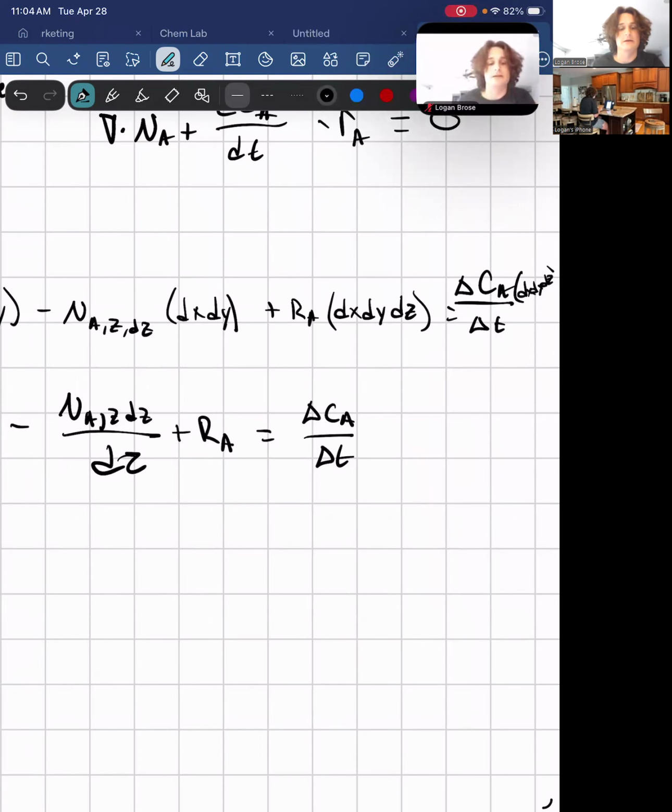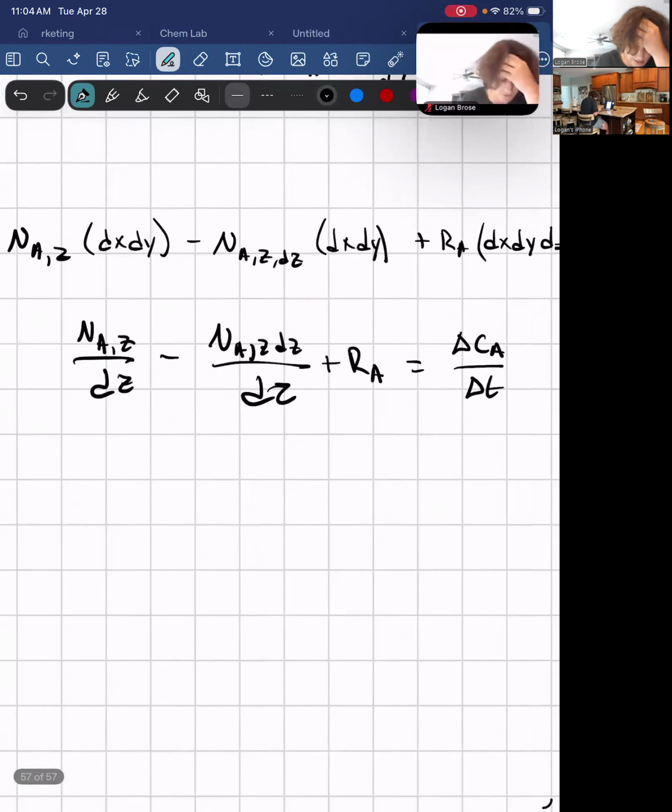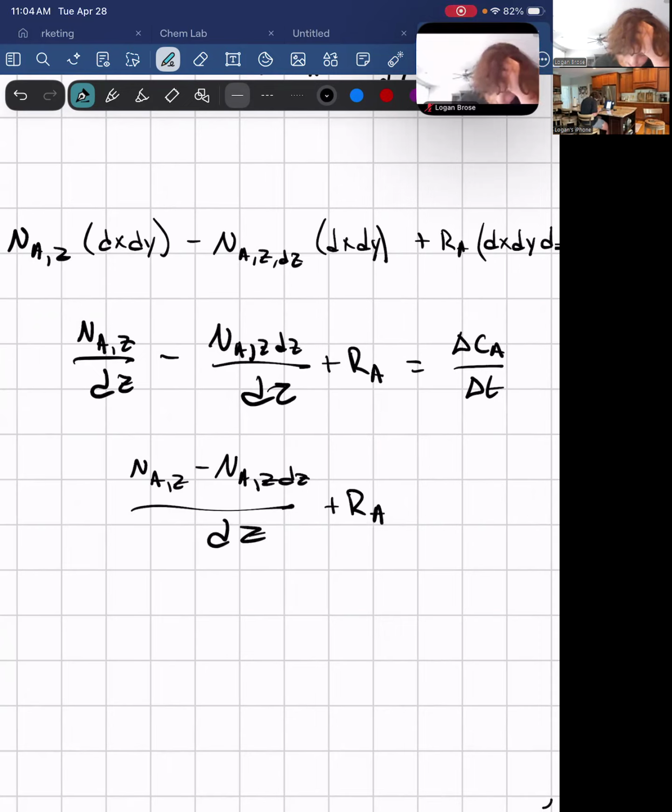And so this can be simplified further by combining these two terms, we have NA z minus NA z+dz all over dz plus our RA equals our delta CA delta T. So we look at this term here.